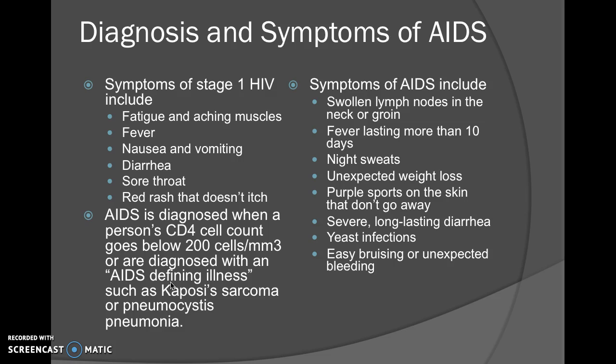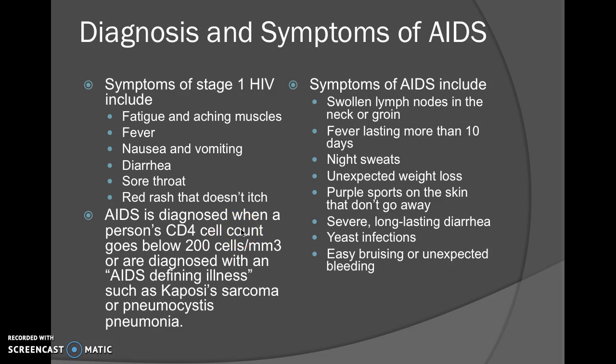Now, AIDS, which is the third stage of HIV, is diagnosed when a person's CD4 cell count goes below 200 cells per millimeter cubed, or the person is diagnosed with an AIDS-defining illness such as Kaposi sarcoma or pneumocystis pneumonia.